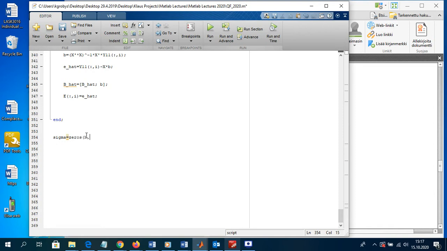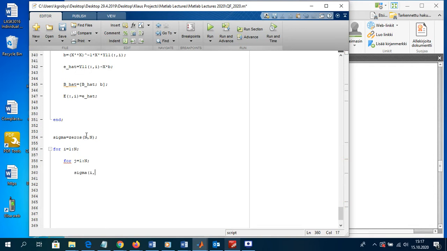So it's a zero matrix n by n, and there we store the corresponding sigmas for i is 1 until n. And you remember, this is something similar we have done for the omega matrix, right? But now it's slightly different. For j is 1 to n. So we have two for loops.